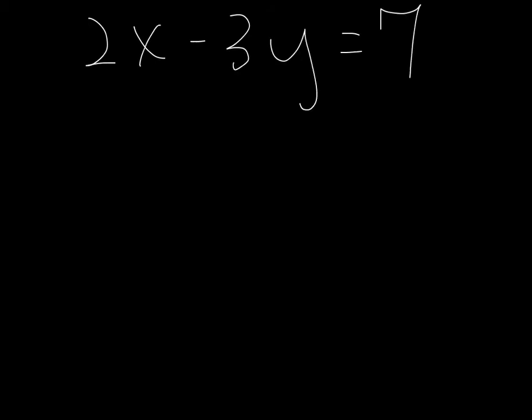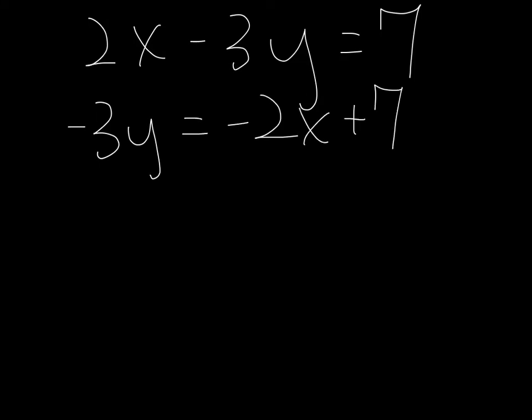Now that we know this, say you're given something like 2x minus 3y equals 7, and you're asked to find the slope and the y-intercept. What do you do? You simplify it and put it into slope-intercept form. So, first things first, we want to isolate the y. So we move 2x over, and we get negative 3y equals negative 2x plus 7.